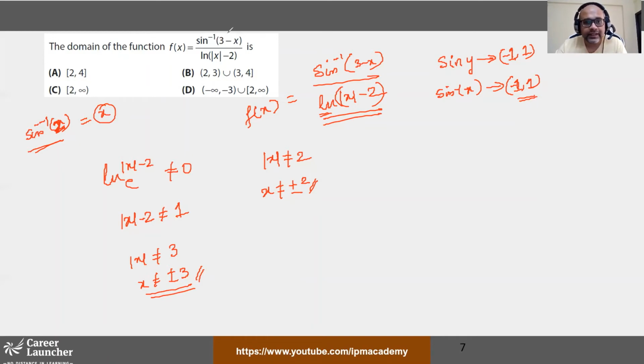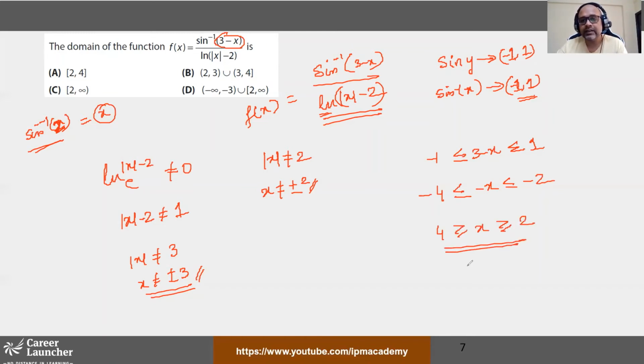So this value here should lie between minus 1 to 1, or this gives me, if I subtract throughout with minus 3, I'll get minus 4 less than or equal to minus x less than or equal to minus 2. If I multiply throughout with negative 1, it becomes 4 greater than or equal to x greater than or equal to 2, and this means my x belongs to 2, 4 both included.